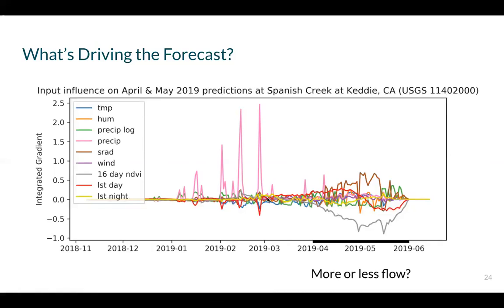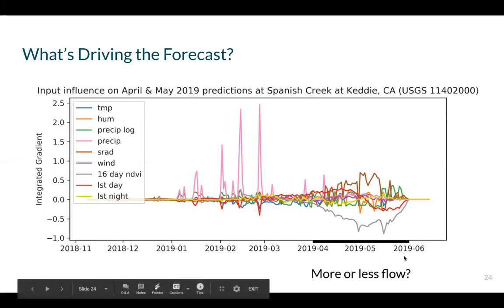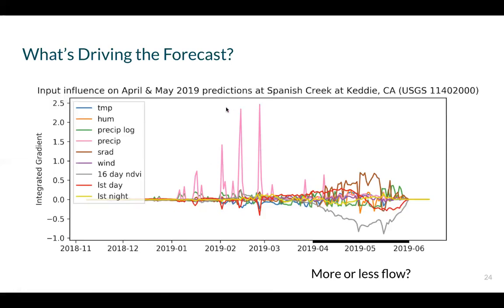The lines that we have plotted here are not the actual values of the inputs that go into the model. Instead, they are the influence that the input on this particular day had on the output and the total amount of streamflow during April and May. What we're seeing up here is these large spikes in the pink line, which is precipitation, and this is happening back in the winter.